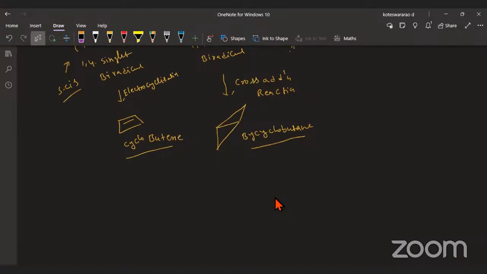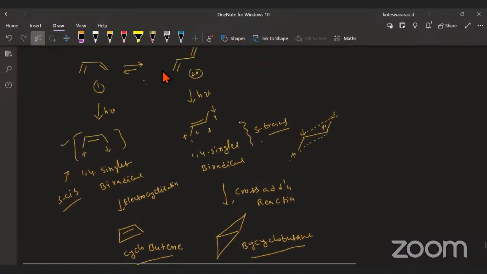In support of the reaction, suppose the formation of these products can be proved, how is it proved? Here we are taking 1,3-butadiene, S-cis or S-trans; the starting materials are highly flexible. How is it flexible?